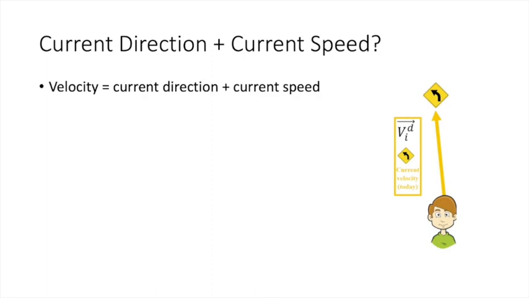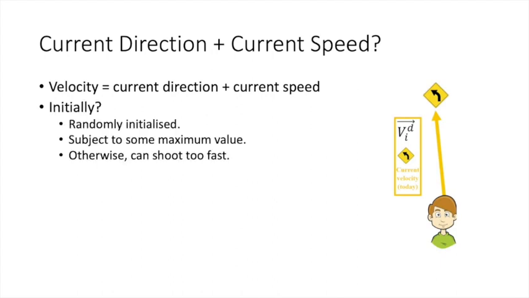Now, when the PSO runs start, what should be the velocity of each particle? Well, what can we guess? So we just initialize the velocities of all the particles randomly. But of course, we put an upper limit to generate solutions within the sensible bounds. Otherwise, the particle will move too fast in a given direction.